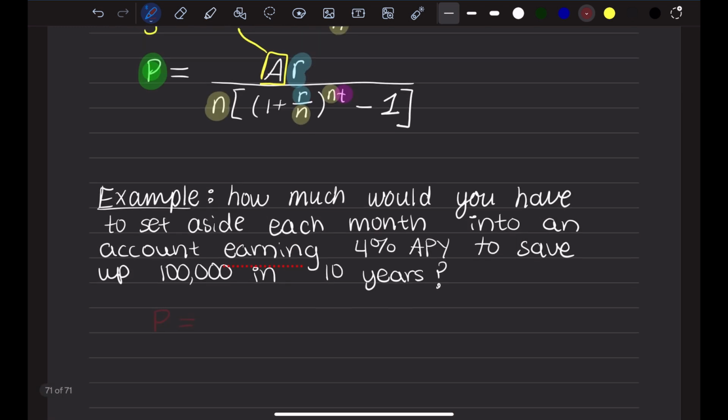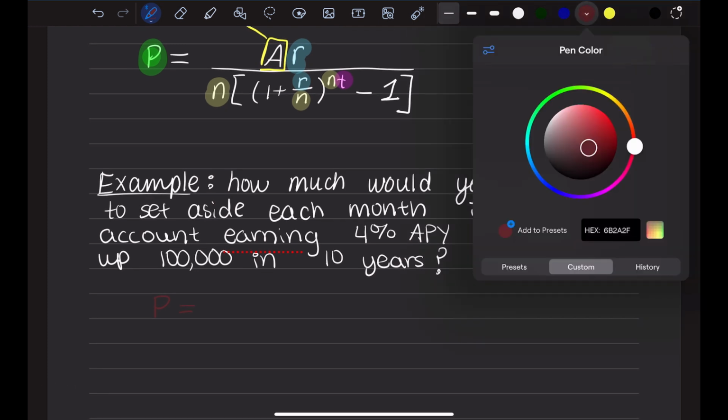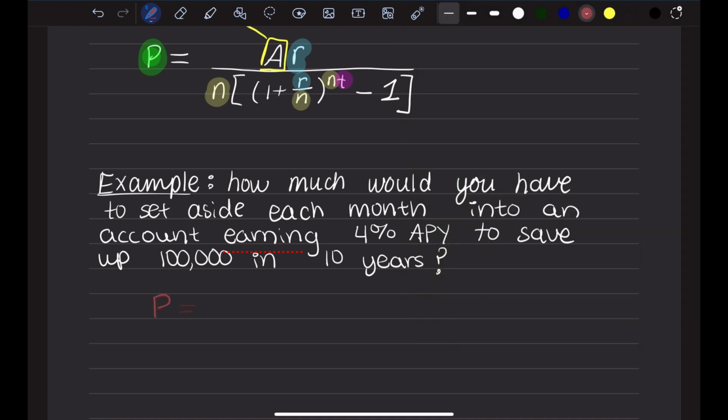Well, we can reference this formula up here and know that I'm going to take my goal amount, which is $100,000, and I'm going to multiply this by my interest rate, 0.04, because I'm writing that percent as a decimal.